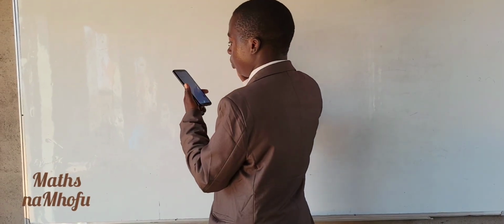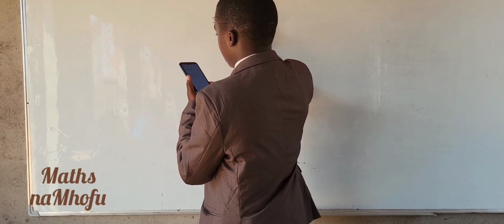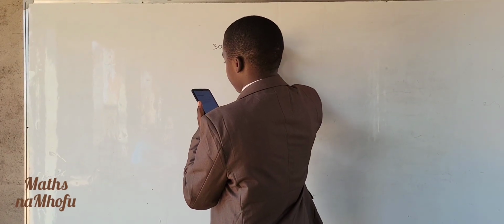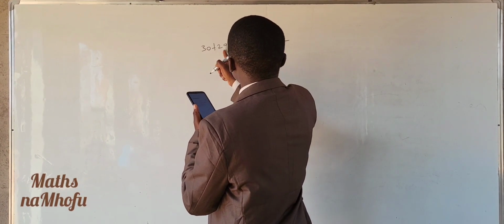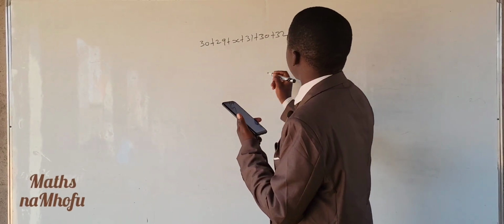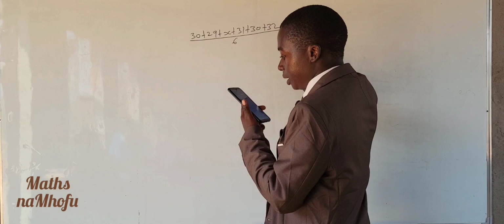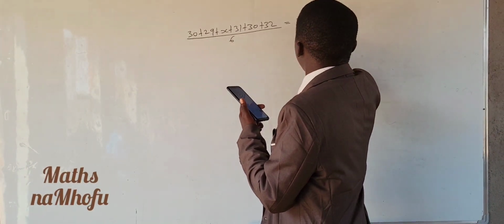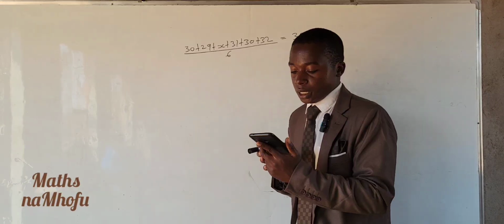It's for 6 days. We're going to say 30 plus 29 plus x plus 31 plus 30 plus 32, 1, 2, 3, 4, 5, 6, divided by 6. We are told that this is giving us 30.5. Like this. Very simple and straightforward.